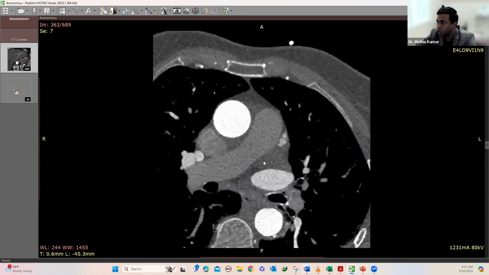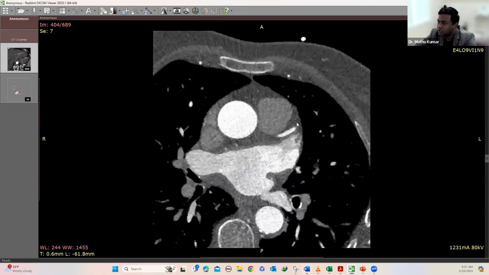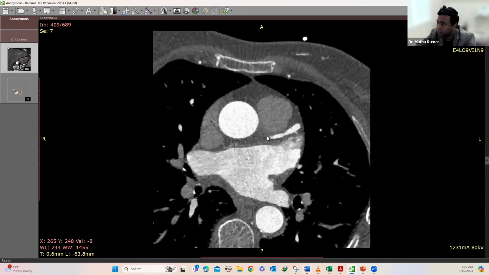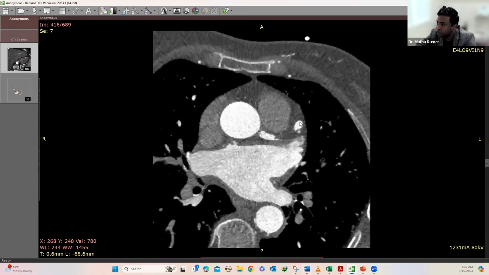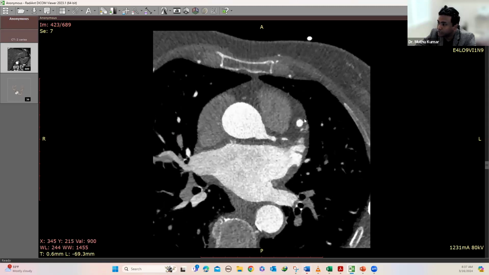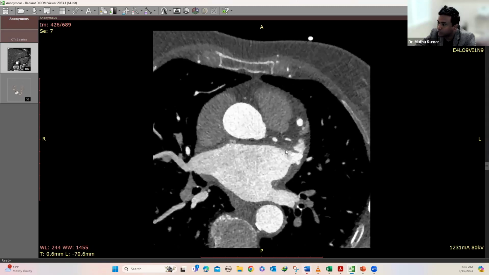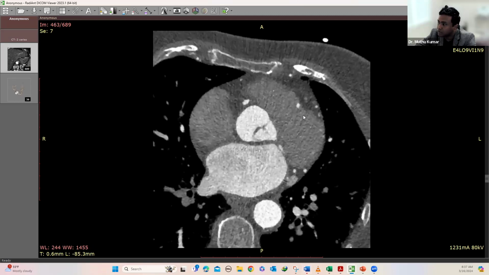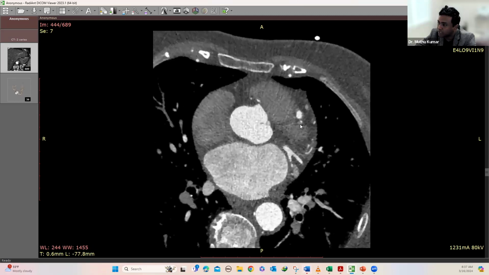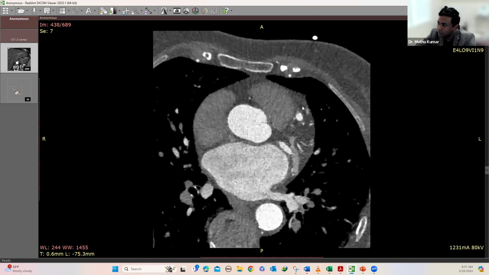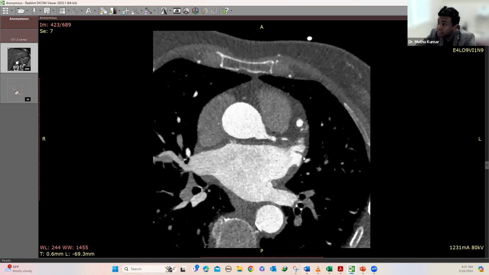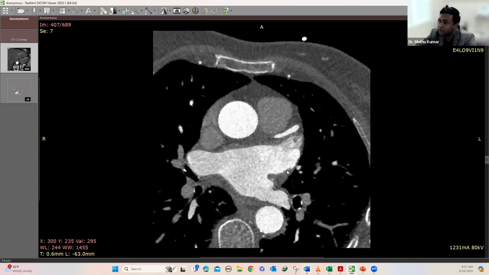So as we scroll down, the one thing that became apparent to me was the abrupt caliber change of the LAD, which is traveling in the atrioventricular groove. And then it came back to normal size. Look at here, this LAD, this segment, the proximal LAD, as we go down further, it suddenly increases in size and then decreases in size.